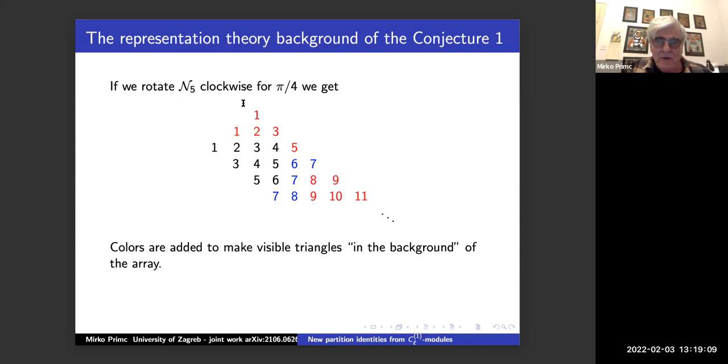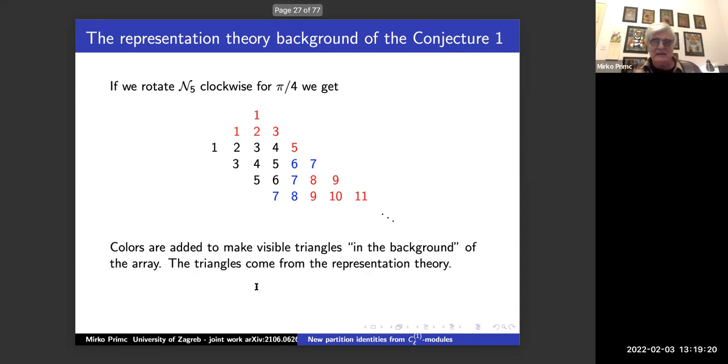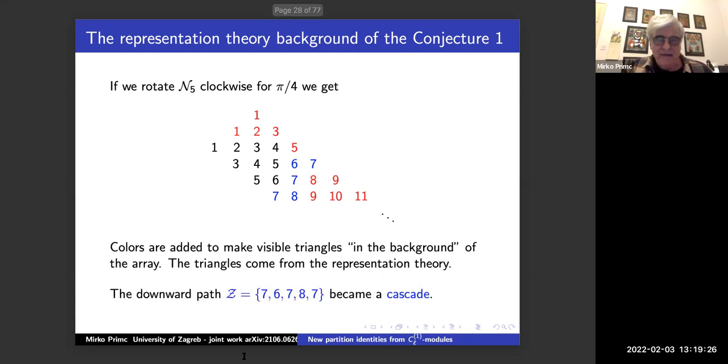And on the top, it is just a little bit that, we'll see what it is. So these triangles come from representation theory. This is what we will see. And this downward path, our example before, now became a cascade, like a little waterfall going horizontally, then falling down, and then going horizontally.